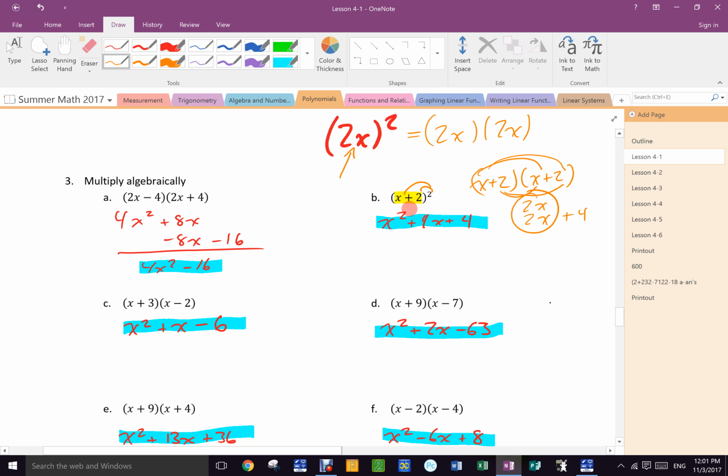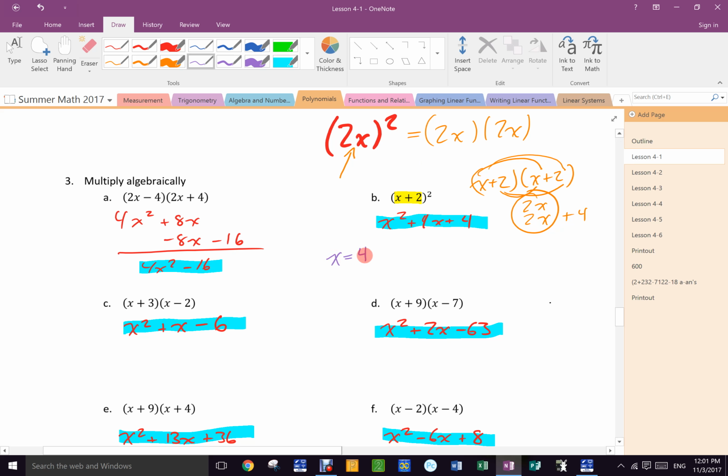Now stop for 1 second. I want to show you one more thing with it. What if I told you that x equaled 4? What would you do with that information with what's highlighted in yellow? 4x plus 2?